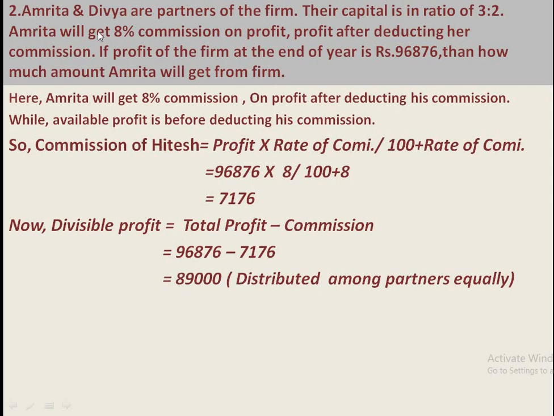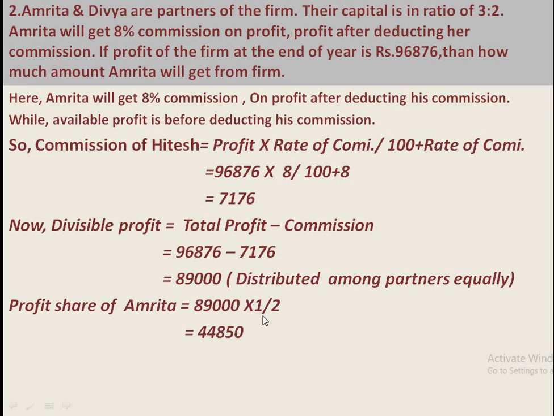There are only two partners, Amrita and Divya. In which proportion? Equally. Again and again I am telling you, the ratio available to you, 3:2, is not the profit sharing ratio, it is the capital ratio. And in the absence of a profit sharing ratio, we should use equally. So how much will Amrita get as profit share? 89,700 is profit.